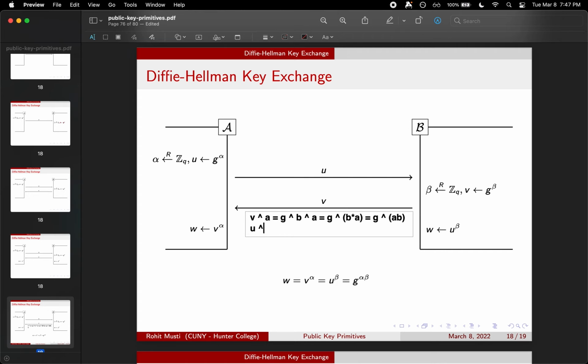And U to the beta equals G to the alpha to the beta, equals G to the alpha times beta, equals G to the AB. So I hope that's a little review of some of the little math things that are helping us out here.